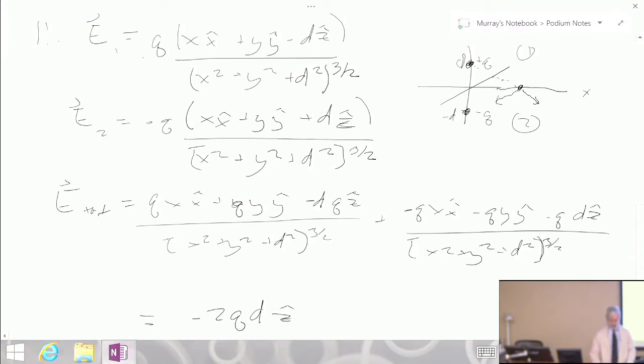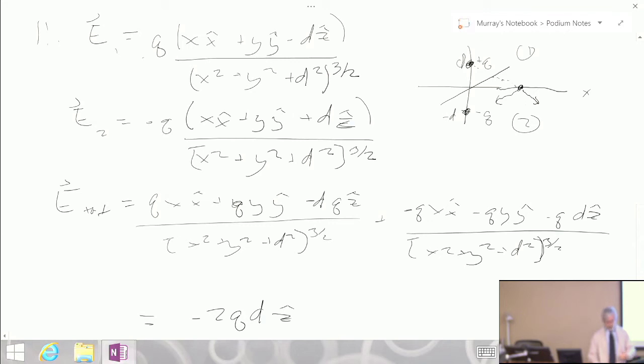What is the relative strength of those two electric fields? The relative strength is what I mean. How does the magnitude of E1 compare to the magnitude of E2? They're the same, because the charges are of the same magnitude and they're the same distance from this point. So those are of the same magnitude.